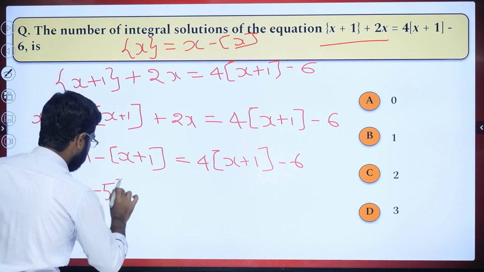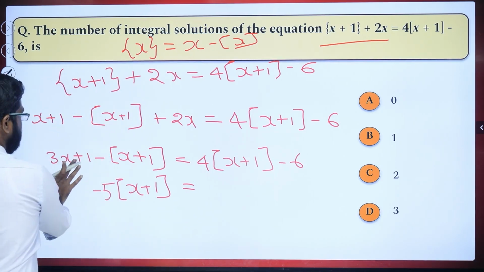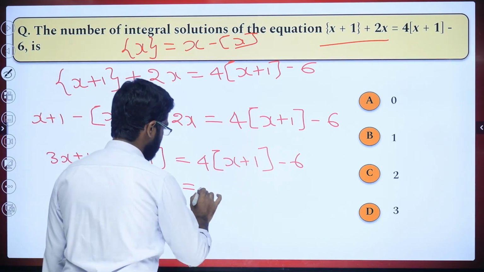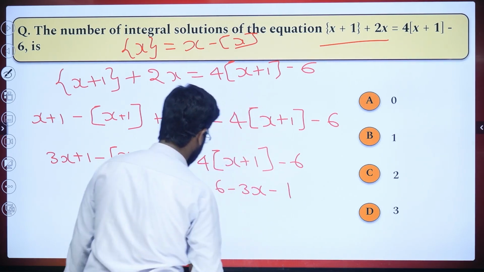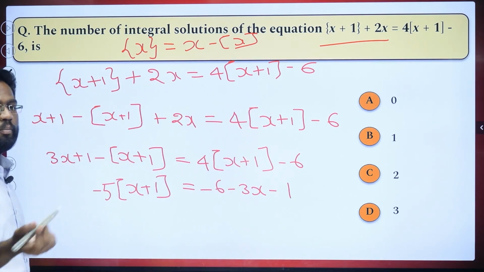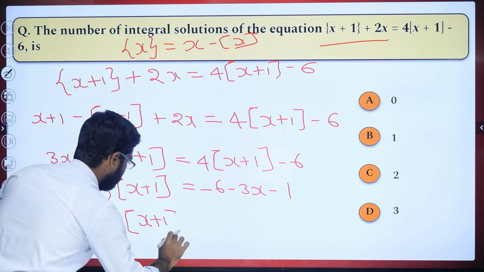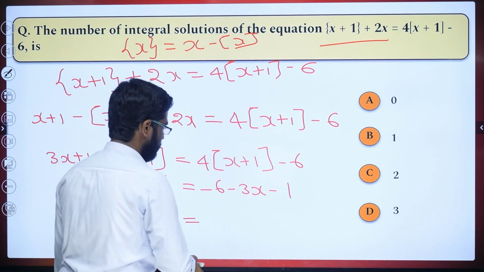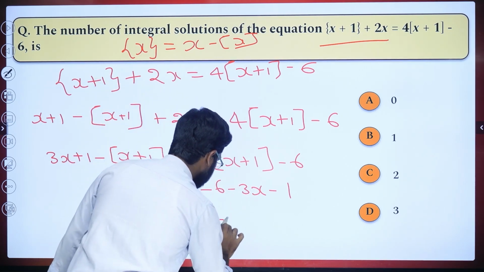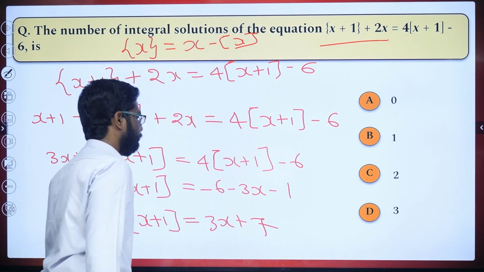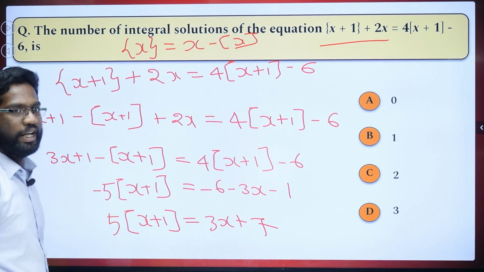So minus 5 greatest integer of x plus 1 is equal to 3x plus 1 when it goes this side, minus 6 minus 3x minus 1. So to cancel out the minus, 5 greatest integer of x plus 1 is equal to, here what I will get, my dear students, 3x plus 7, okay. So still this part I hope you understood, my dear students.